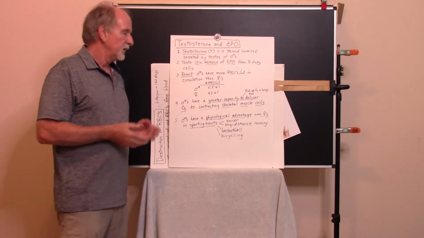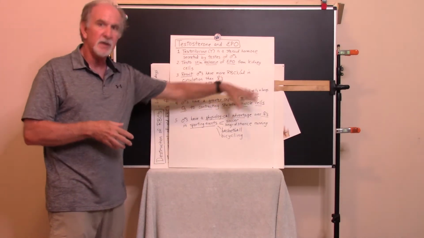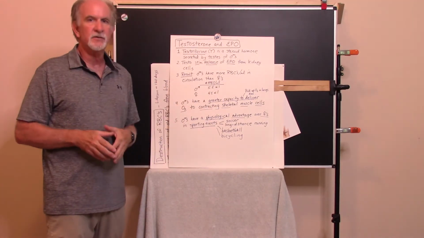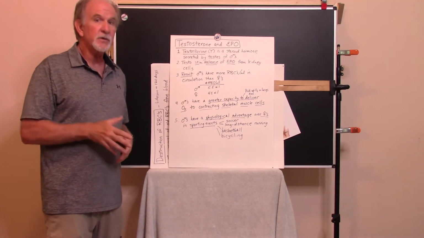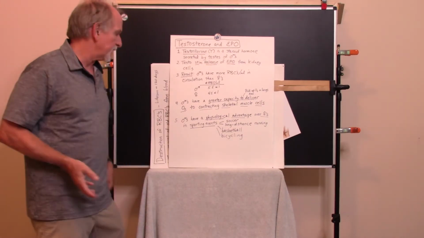females. This means that males have a greater capacity to pick up oxygen in the lungs and then deliver that oxygen to the cells of the body, which would include contracting skeletal muscle cells during exercise.